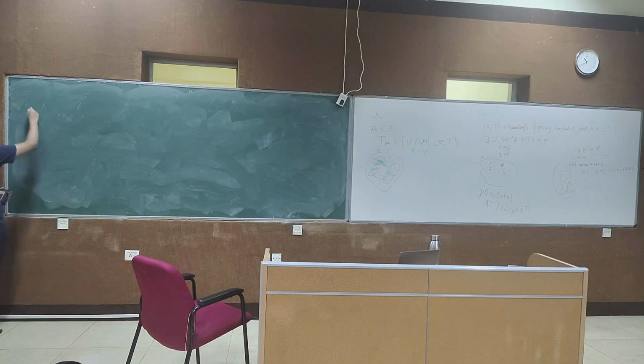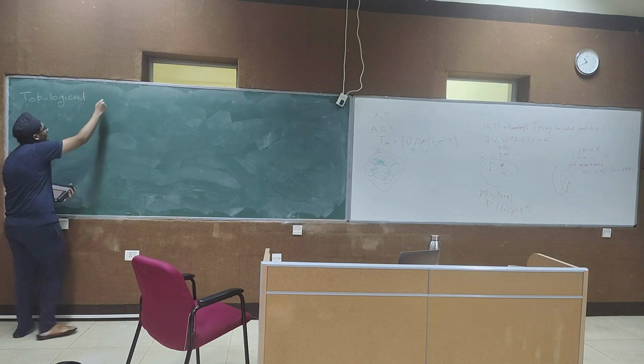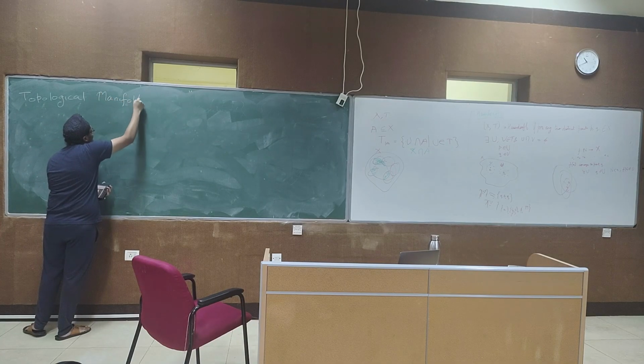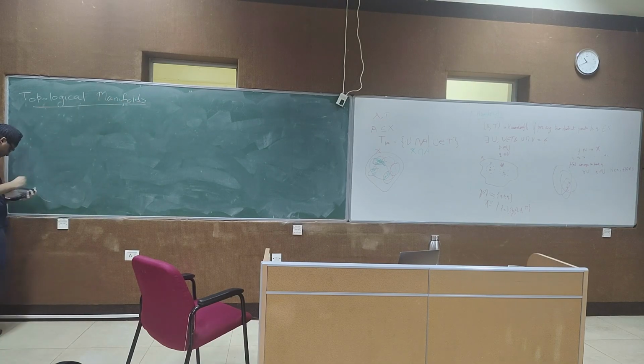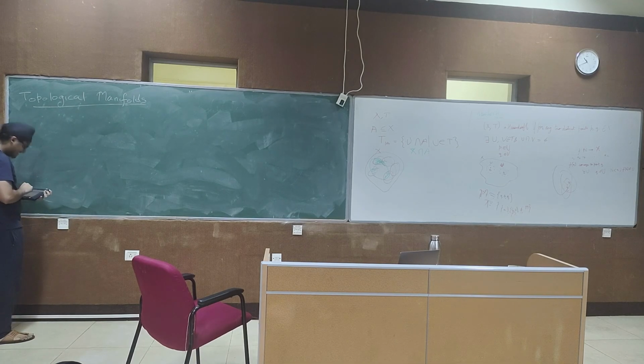So now let's come to manifolds. First, we define topological manifolds. Okay, I will try. So basically, a topological manifold is a topological space that locally looks like Rn.